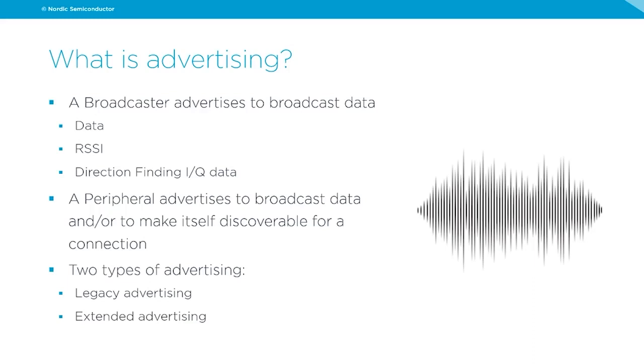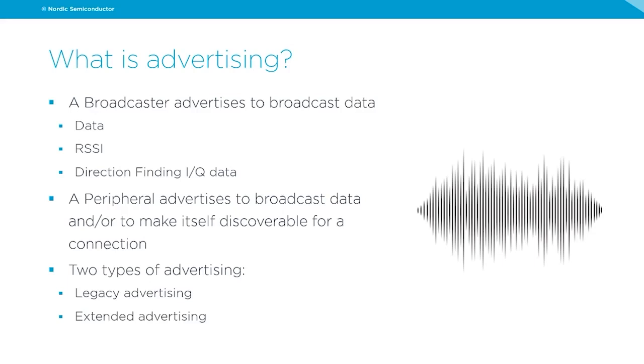For example, RSSI, the received signal strength indication. It can tell how strong the signal is, to tell if the device is in the proximity of the scanner or not. This can be used, for example, for virus contact tracing. It can also include IQ data that's useful for direction finding, one of the new features in Bluetooth 5.1.